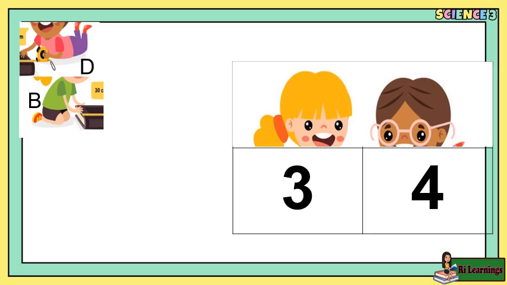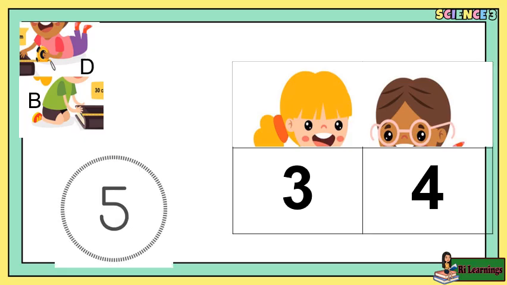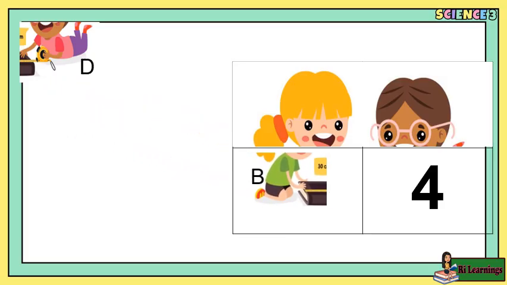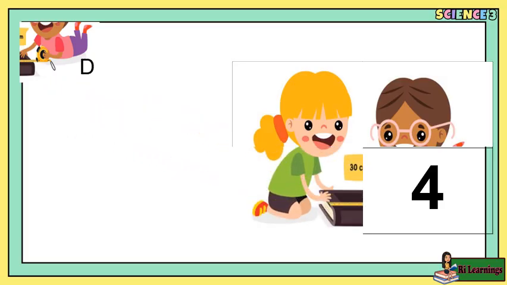Which piece goes to number 3? B. Letter D goes to number 4.